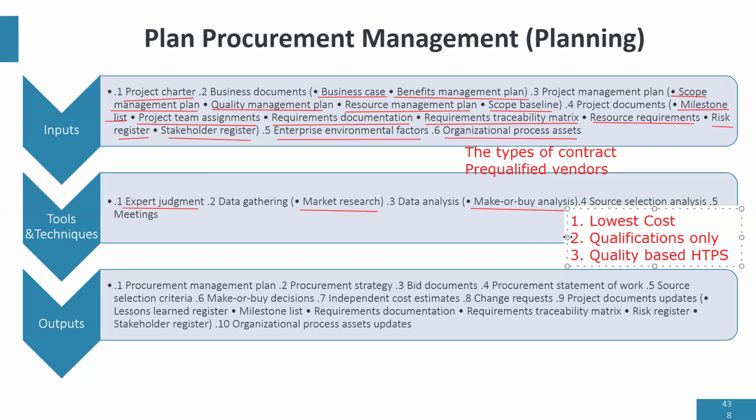Source selection criteria will stipulate what you are going to score. For example, you can score vendors on the number of years of experience they've had in a particular field. So let's say you have 3 vendors. One has had 3 years experience, one has had 7, one has had maybe 10.